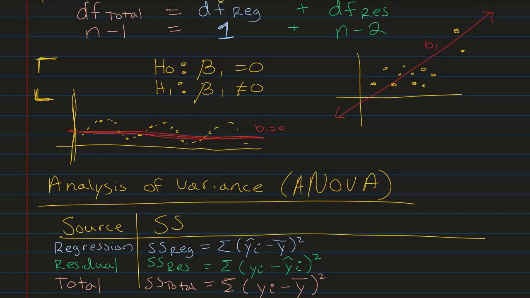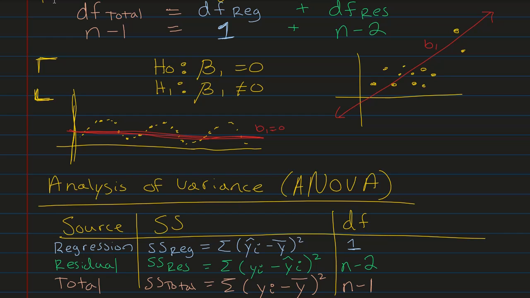And then the next column is our degrees of freedom, and we just talked about those. The regression degrees of freedom in this simple linear regression is just 1. The residual degrees of freedom is n minus the number of parameters, which is 2, beta naught and beta 1. And our total degrees of freedom is always going to be n minus 1.